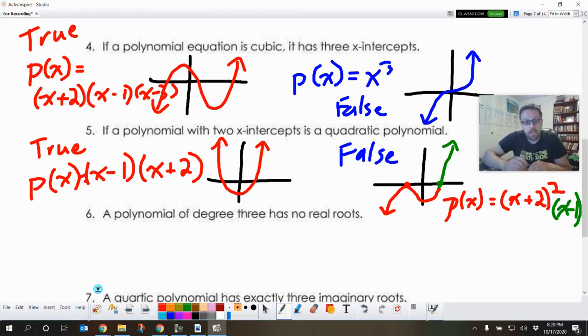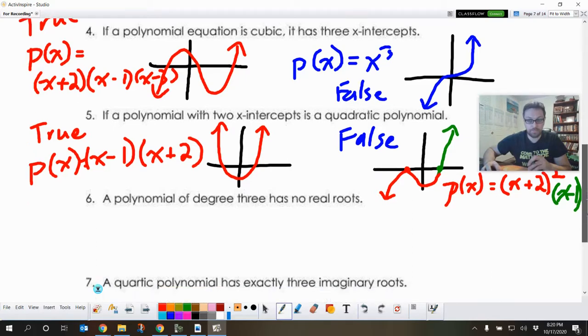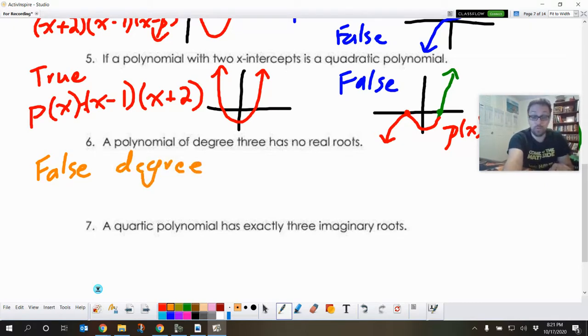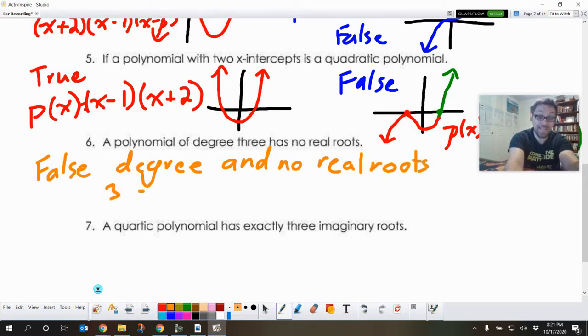Okay, now we have: a polynomial of degree 3 has no real roots. So our degree is 3 and it has no real roots. This one is finally one that is definitely false. I'm going to say this one is false because if we are degree 3 and have no real roots, we'd have 3 complex roots.